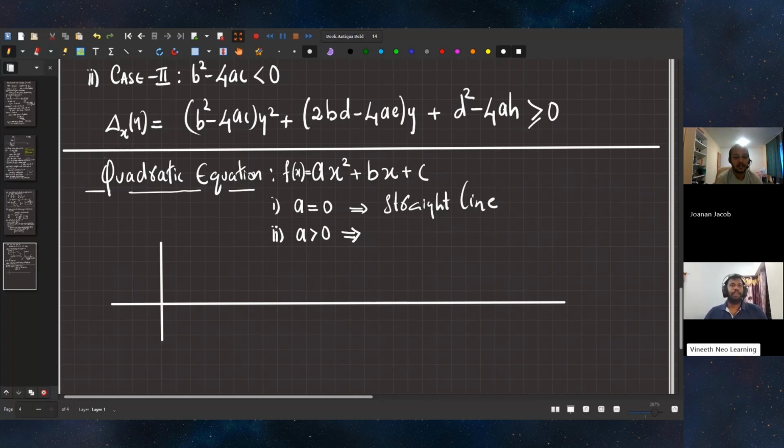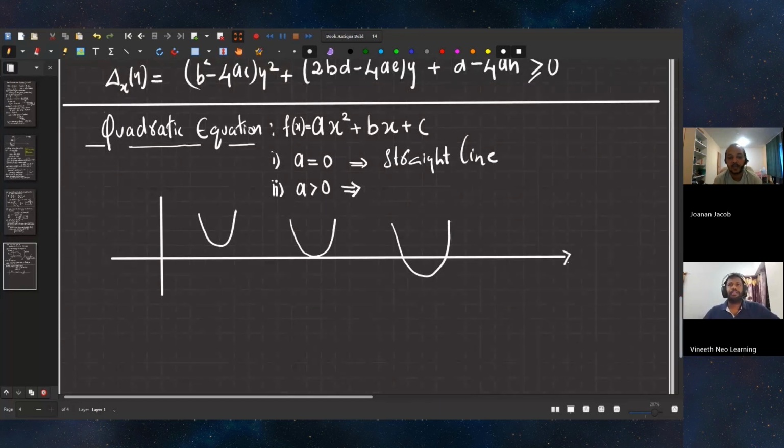The parabola can be like this, it can be like this, it can be like this.